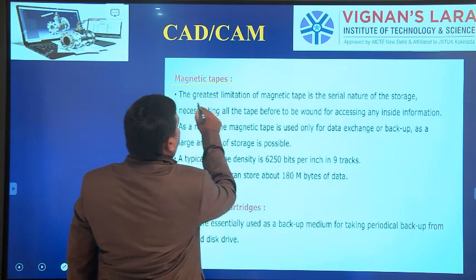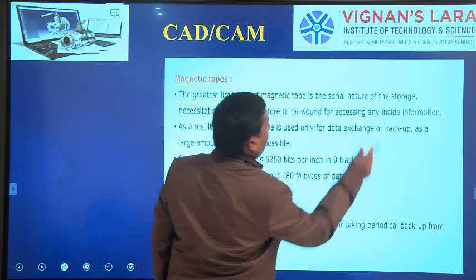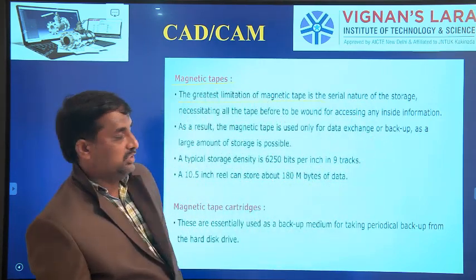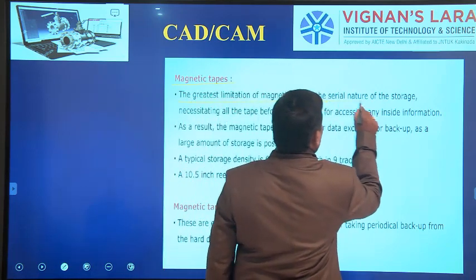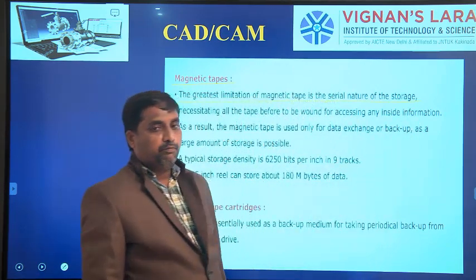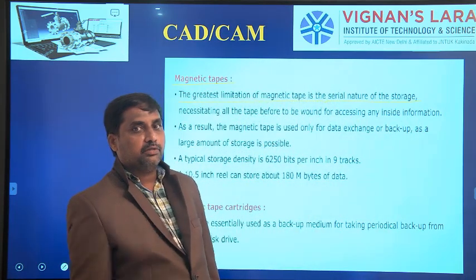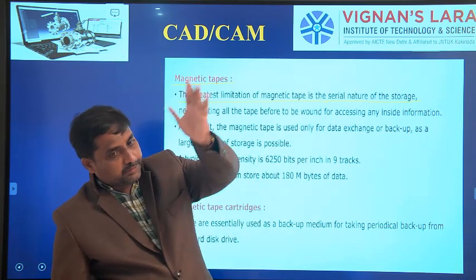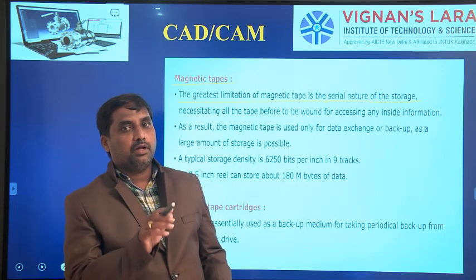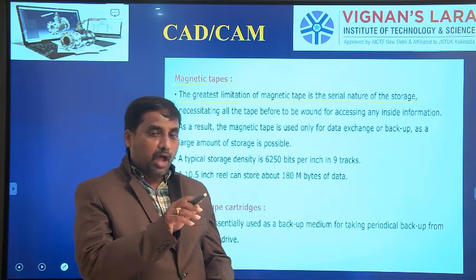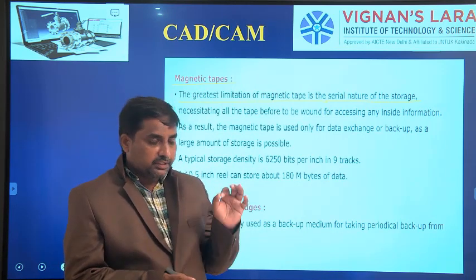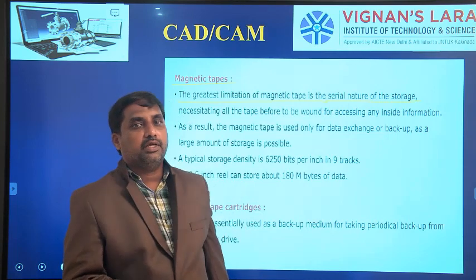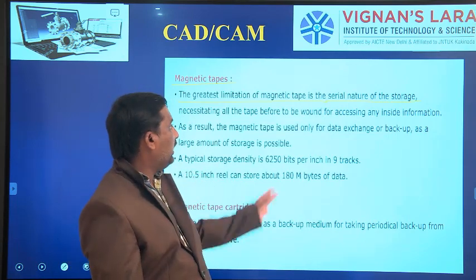The greatest limitation of the magnetic tape is the serial nature of the storage. That means first you enter a data into the magnetic tape, then the next data is entered after that, and then the next. In that serial manner, the data is stored on the magnetic tape.